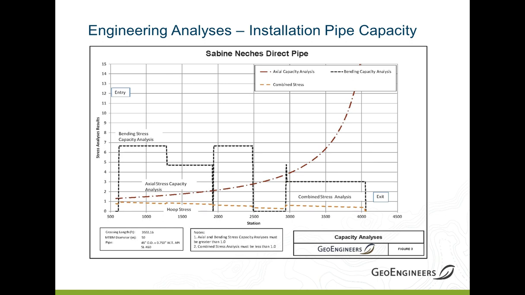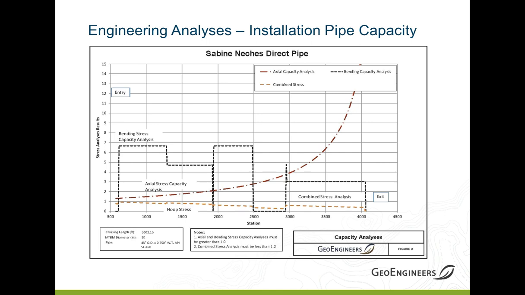and then we take those stresses and we compare them to the allowable stresses, and we develop a capacity analysis graph, is what we call this. So anything over 1 indicates that you have adequate axial or bending capacity.